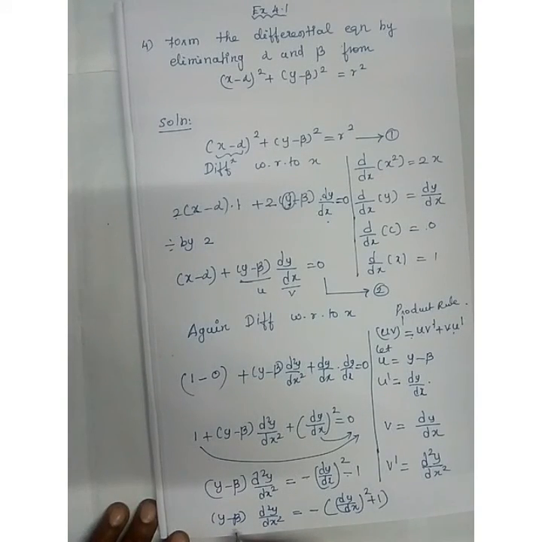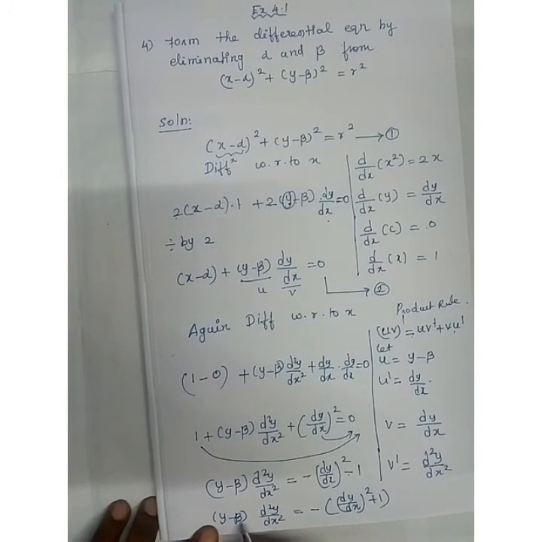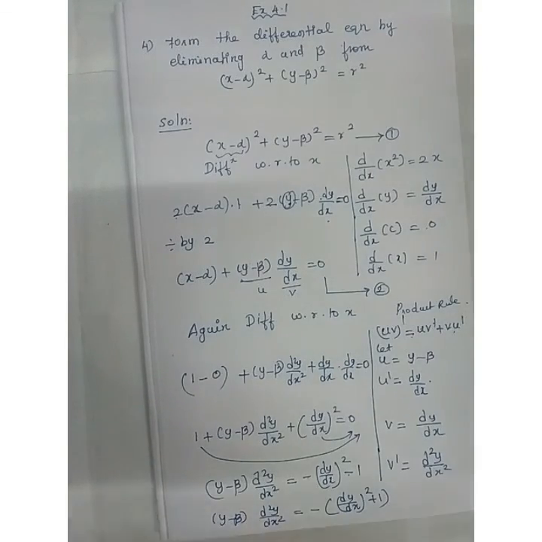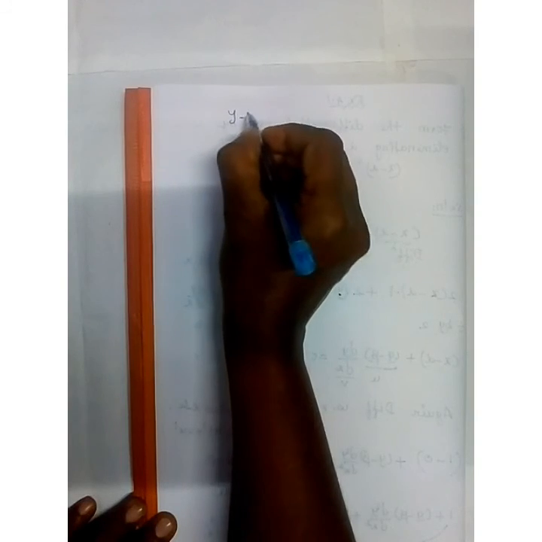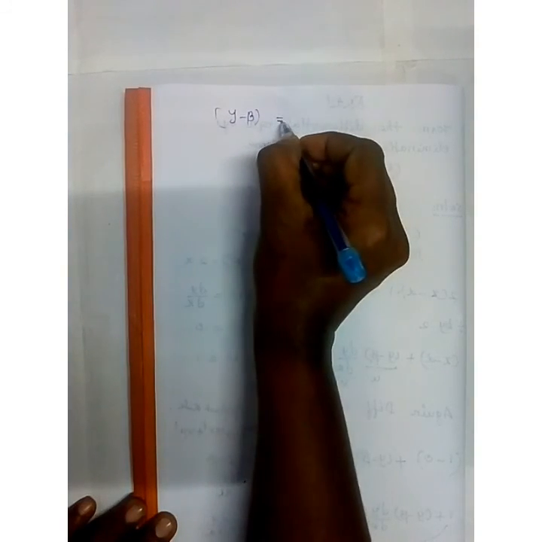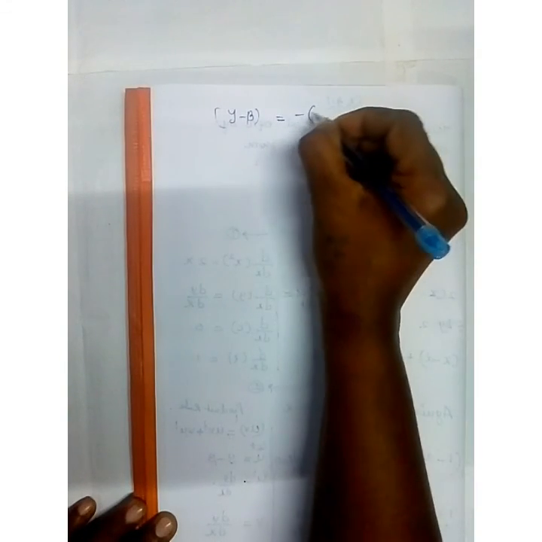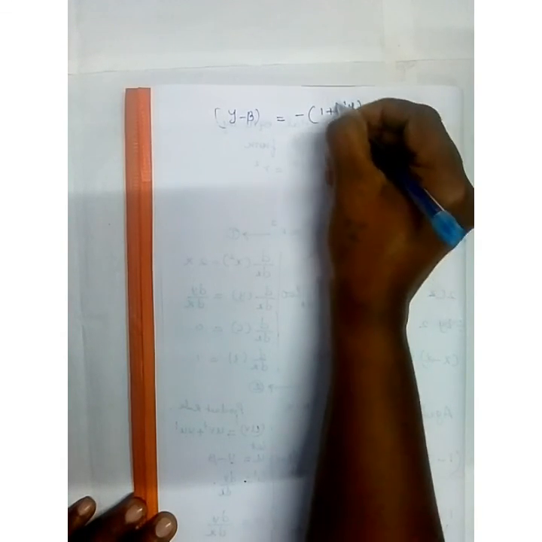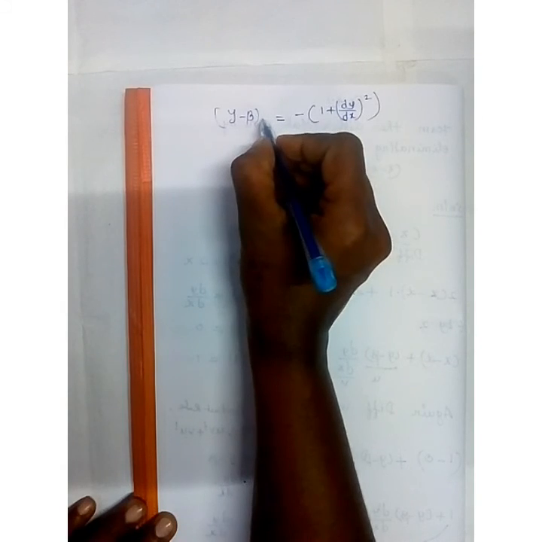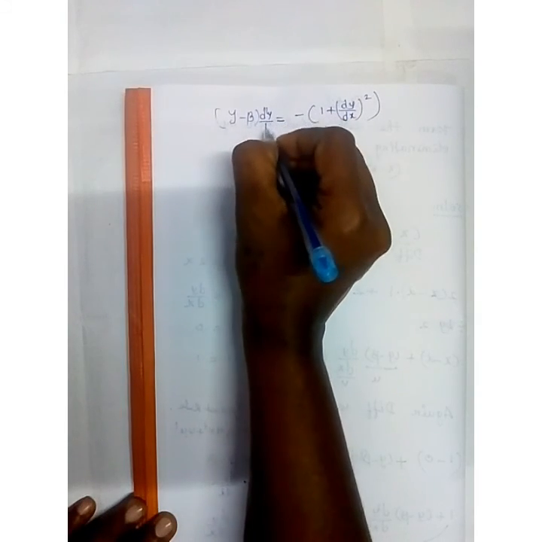And the next step is I am going to find y minus beta alone. Now we have to find y minus beta, which is equal to, already we have this term, minus of 1 plus (dy by dx) whole square. In this part we have d²y by dx².